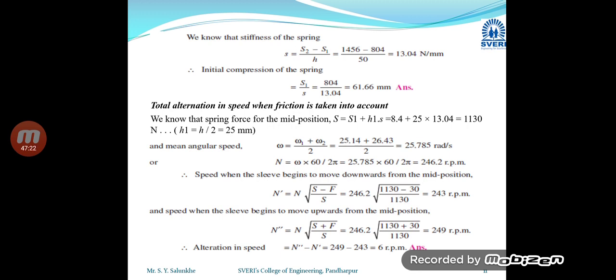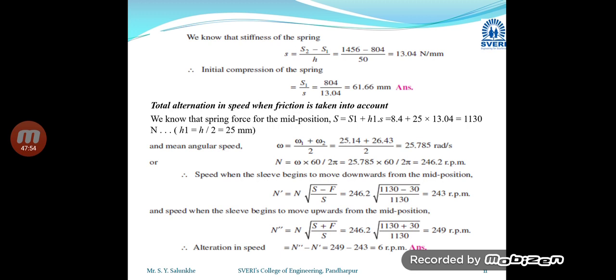Now the initial compression of the spring, that we have to calculate. Initial compression is when the governor is rotating at the minimum speed. So S1, the force exerted by the spring on the sleeve, we have calculated as 804 divided by the stiffness, that will be the compression we are going to get. S1 is the force and S is the stiffness.